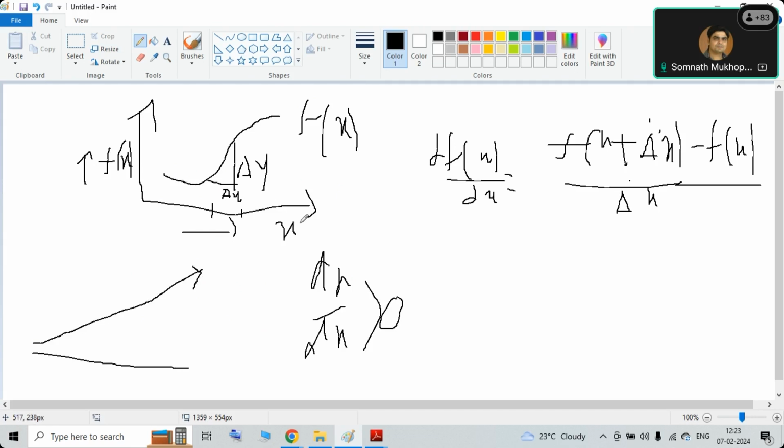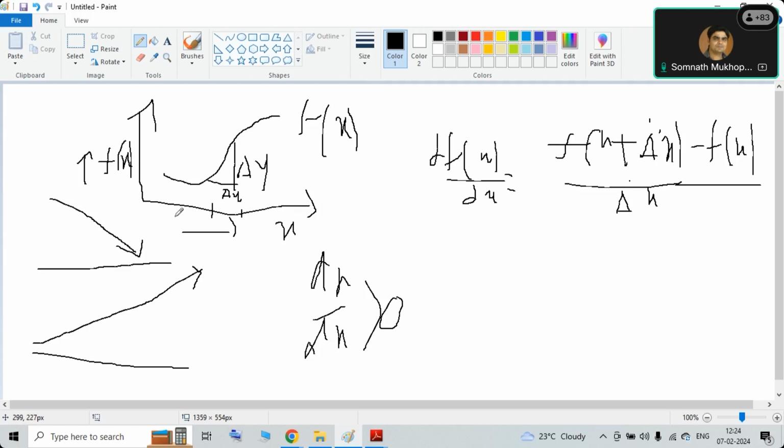If the slope is like this, my df/dx is greater than 0, a positive gradient. Then f(x) increases as x increases, which means we have to decrease x to find the minimum value of this function.